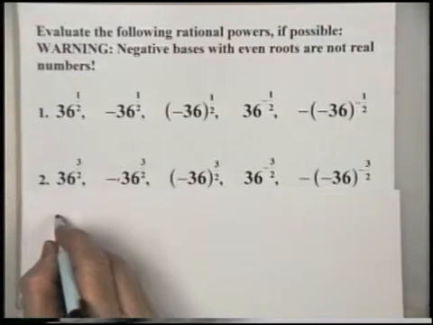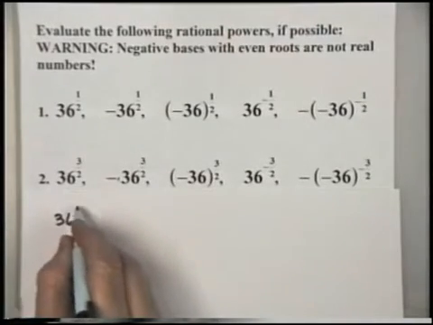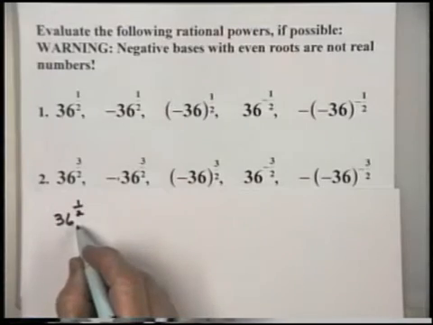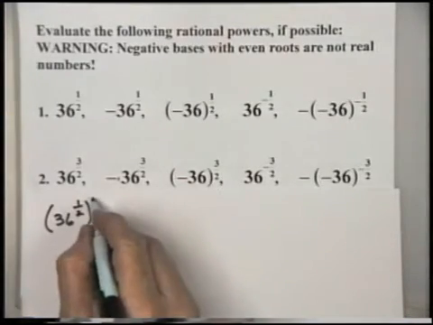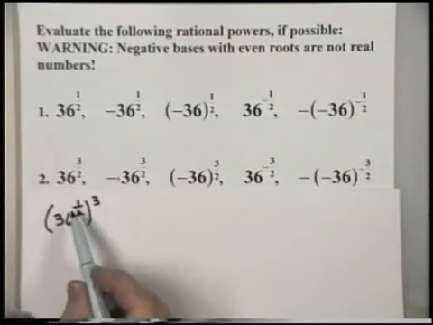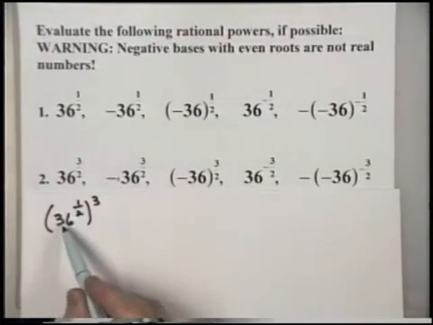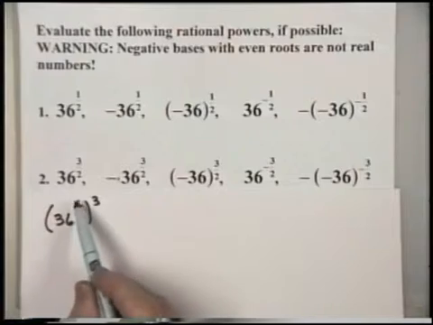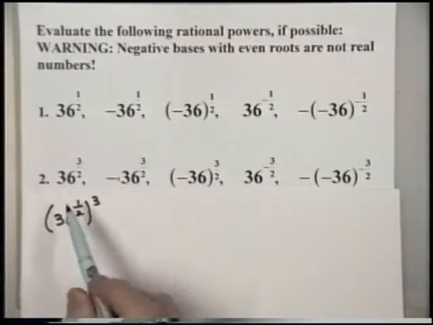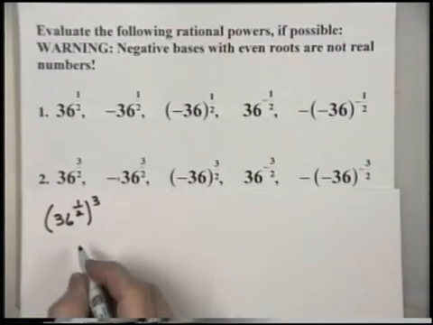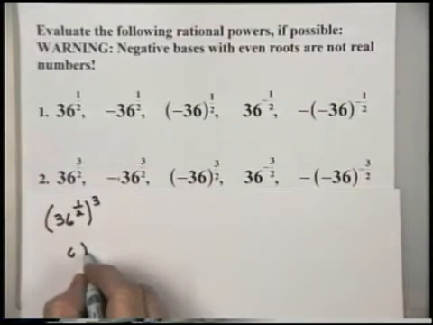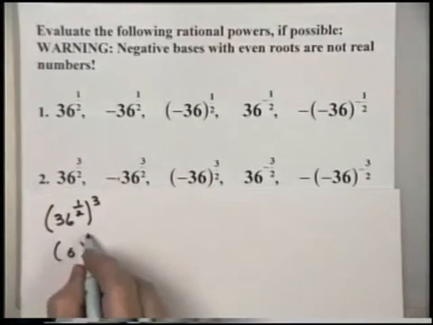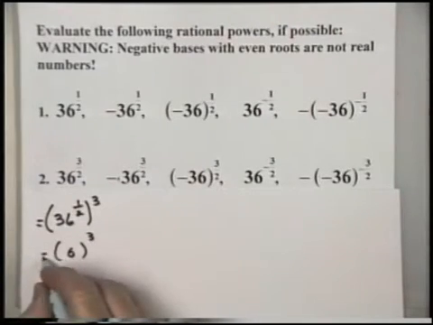Well, we said what we would do is write that as the root, the square root of 36 cubed, and work it inside out. The principal or positive square root of 36, well, we just did it, is 6. So I can replace inside the parentheses with 6.